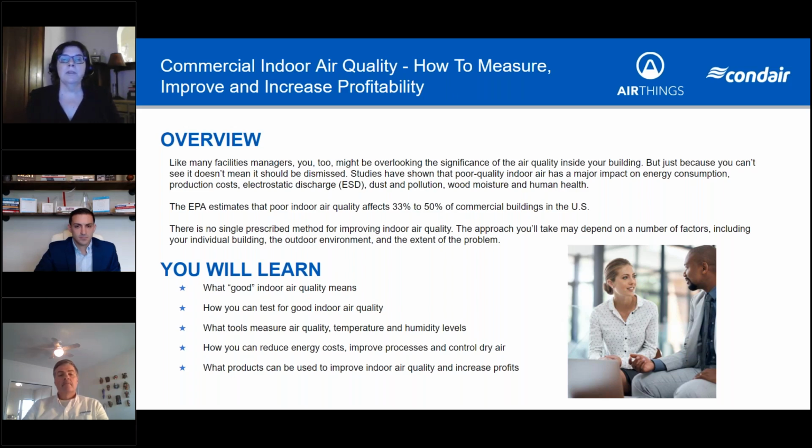Some takeaways that we expect you to learn are: what does good indoor air quality mean? How can you test for good indoor air quality? What tools measure air quality, temperature, and humidity levels, and how can you reduce energy costs, improve processes, and control dry air, and what products can be used to improve indoor air quality and increase profits.